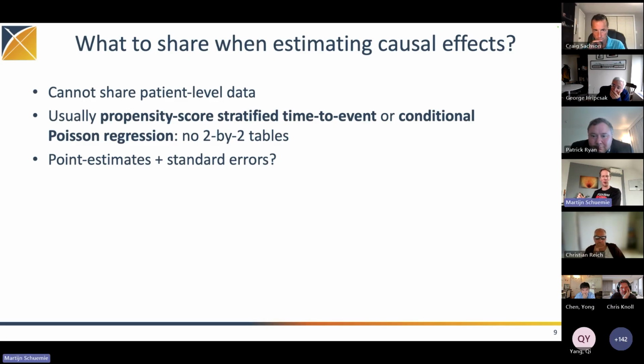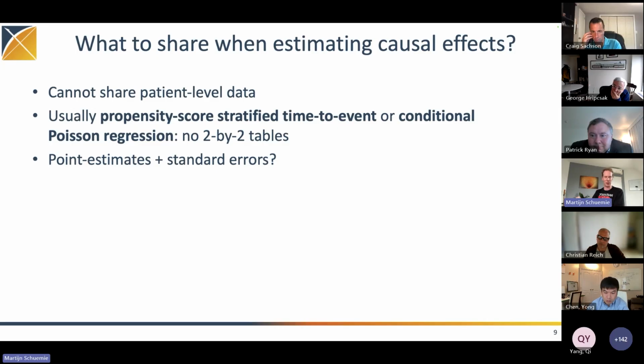Why would we just share only this bit and not more detailed information? Well, we cannot share patient level data, so we certainly can't just give you our data sets of one patient per row. We usually have things like propensity scores, stratified time to event, or conditional Poisson regression. So there's also not just a 2x2 table that we can share that is people exposed, unexposed, and with the event and without the event, because that doesn't exist.